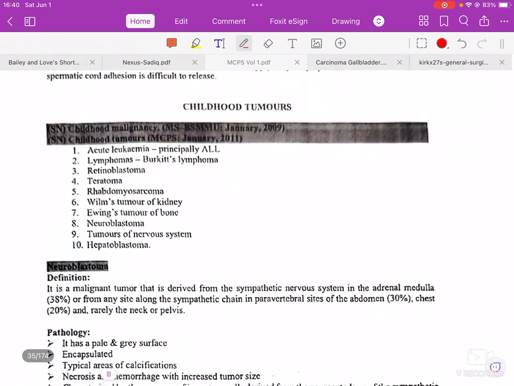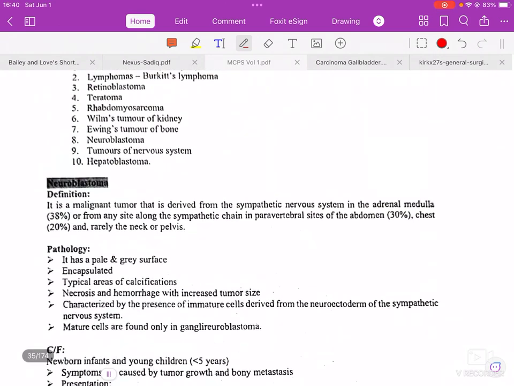Now come to the next question, that is childhood tumor. It also came in the MCPS in January 2011. So acute leukemia, principally ALL, lymphoma, Burkitt's lymphoma, retinoblastoma, teratoma, rhabdomyosarcoma, Wilms tumor of the kidney, Ewing's tumor of bone, neuroblastoma, tumor of the nervous system, and hepatoblastoma.